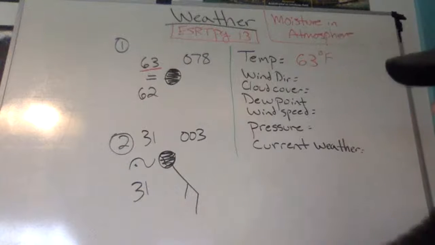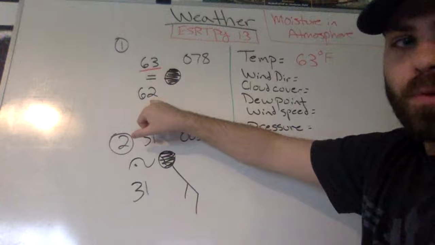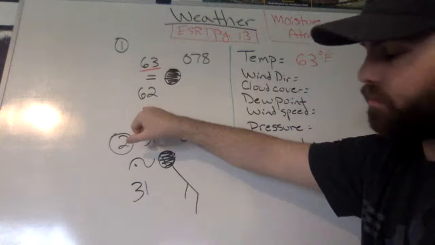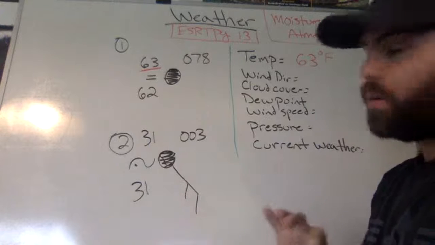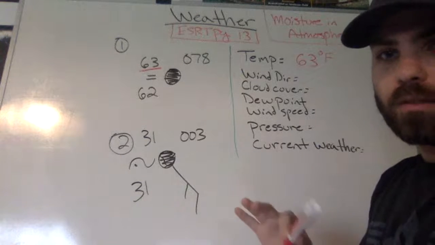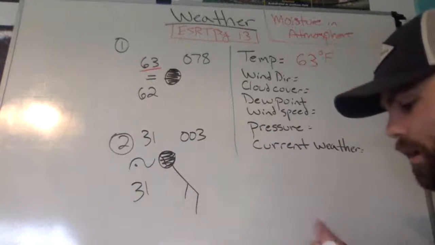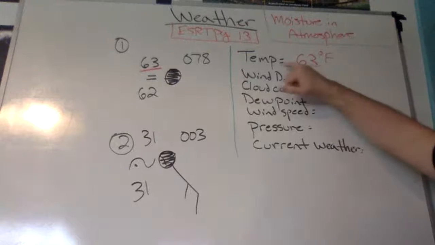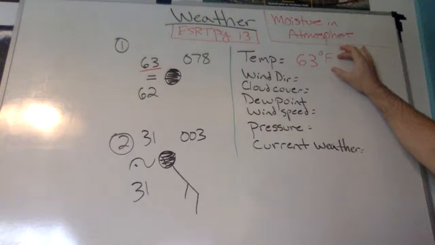Now, if you go down from that, there is another number: 62. This is where the dew point is. We haven't talked about dew point yet. That's going to be our next PowerPoint that I'm going to load up later today. So 62 is our dew point. Just like temperature, our units are going to be Fahrenheit.